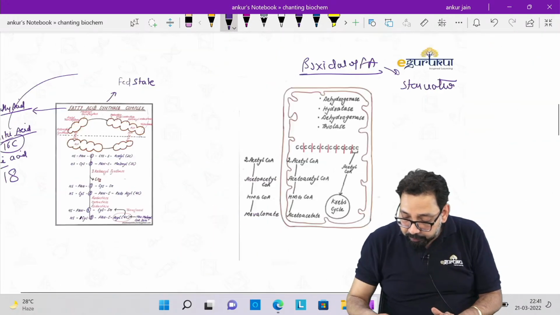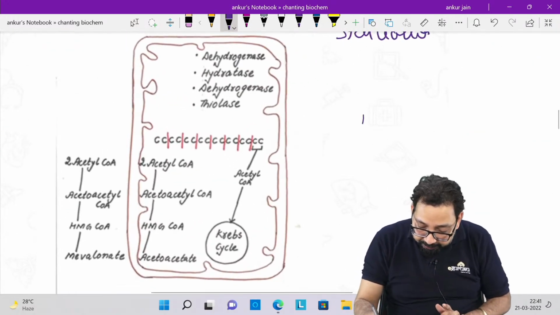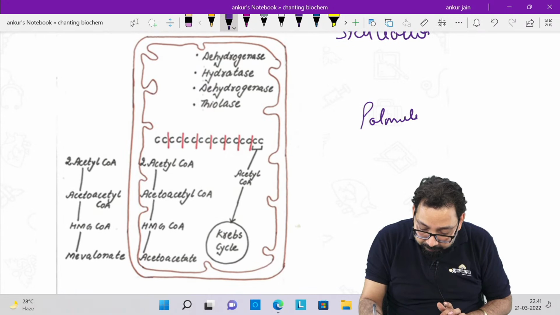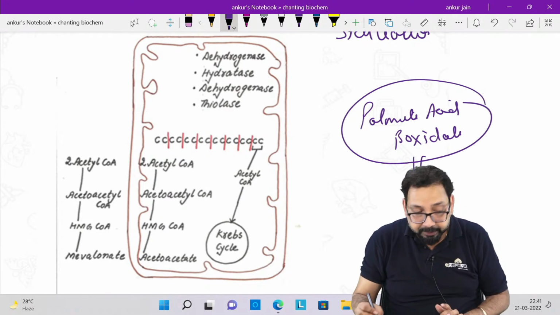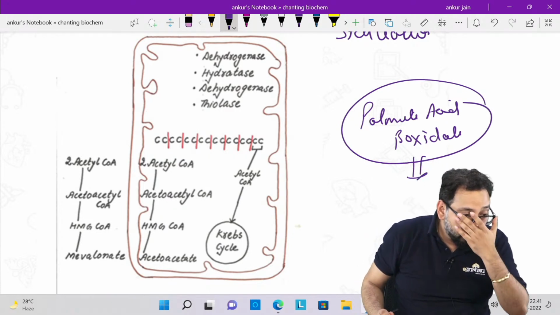Now, complete oxidation, beta oxidation of palmitic acid produce how many ATPs? Please do reply. How many ATPs?